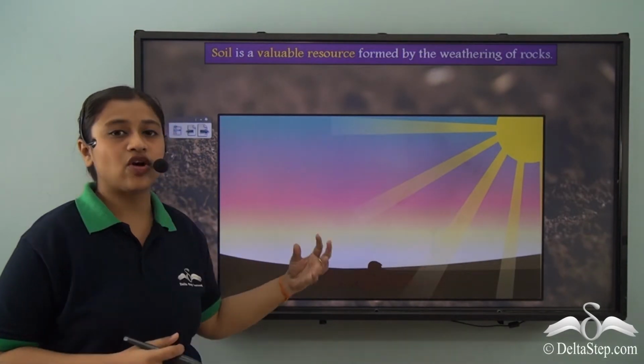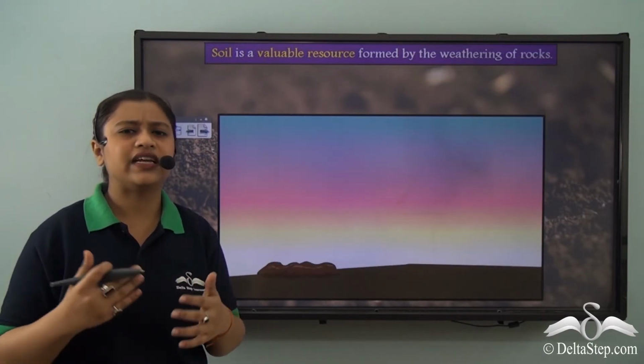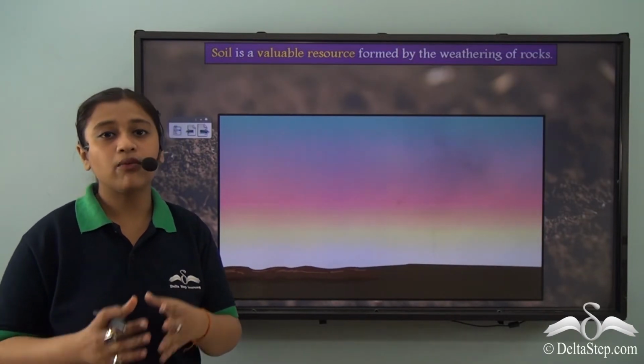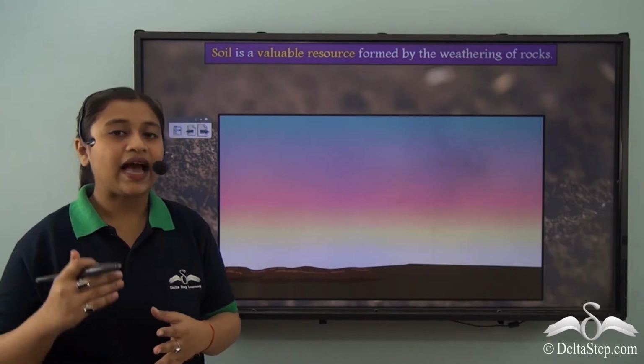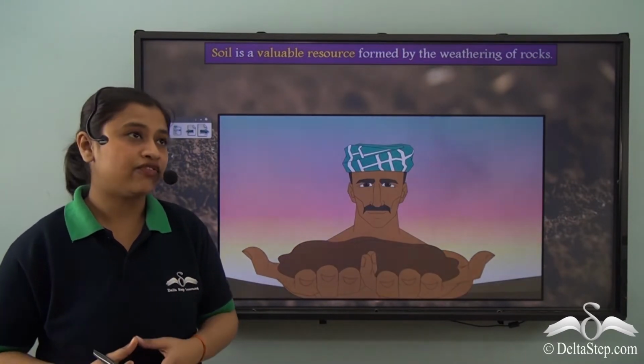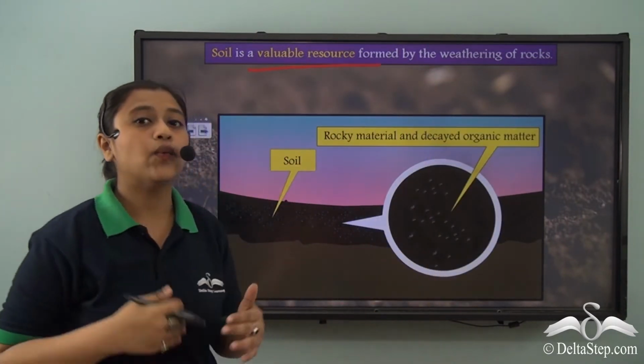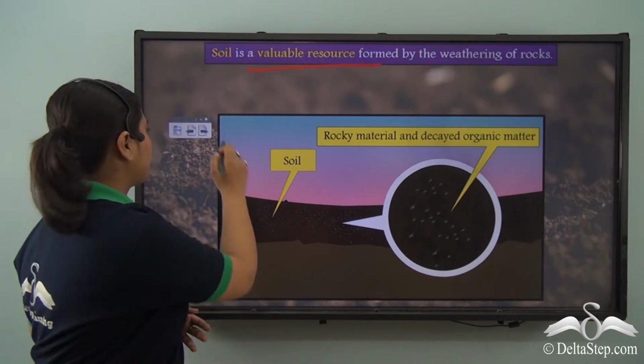These weathered rocks are eventually carried away by different agents from one place to another. And where they are deposited, they lead to soil formation. Therefore, soil is a valuable resource formed by the weathering of rocks.